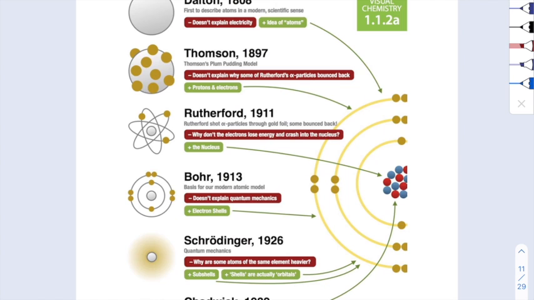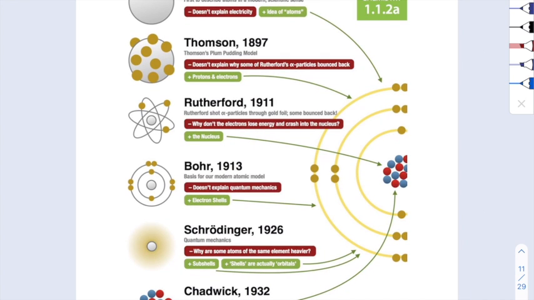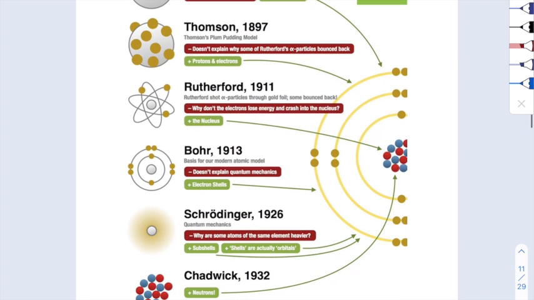So now the atom was proposed to be made of a positive sort of slime that held together these negative charges. Then Rutherford said, wait a second, what if all the mass is in the middle? And so he developed the idea of the nucleus. And then Bohr said, if the atoms are in the center and the electrons have sort of light-like characteristics, maybe the electrons should be organized in shells.